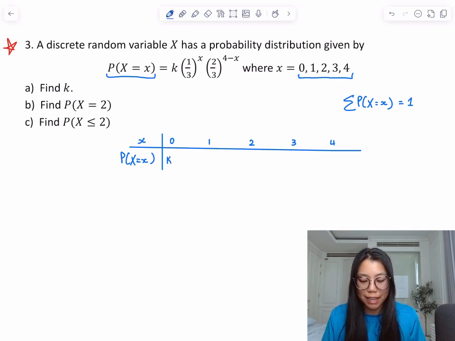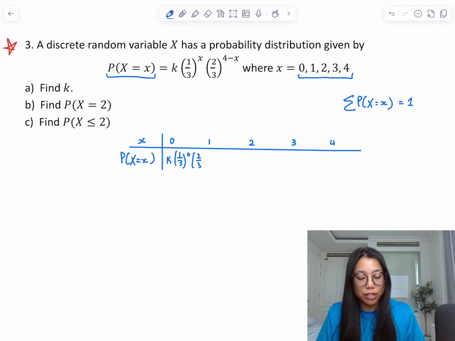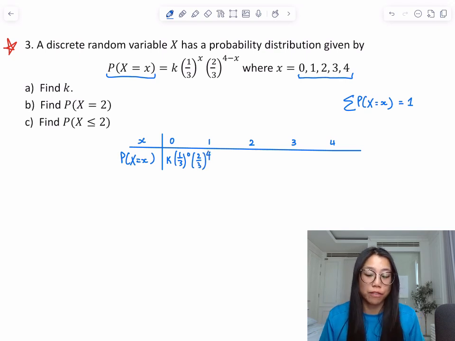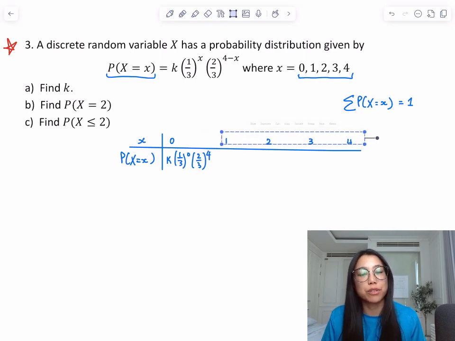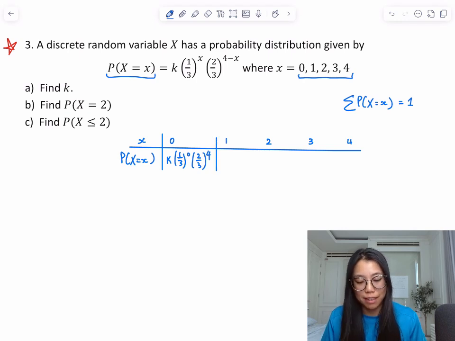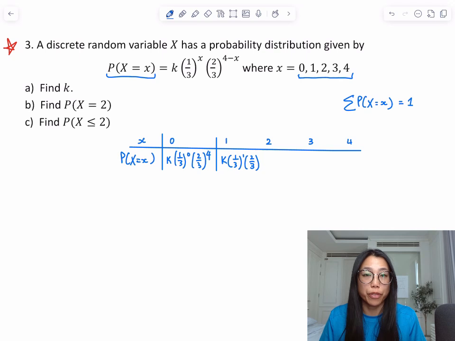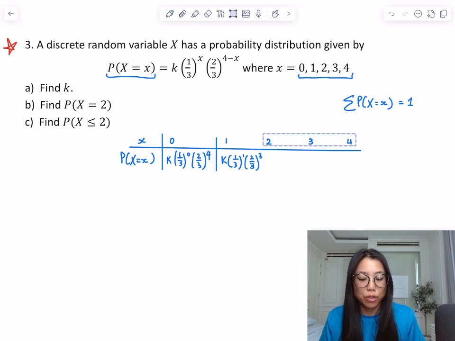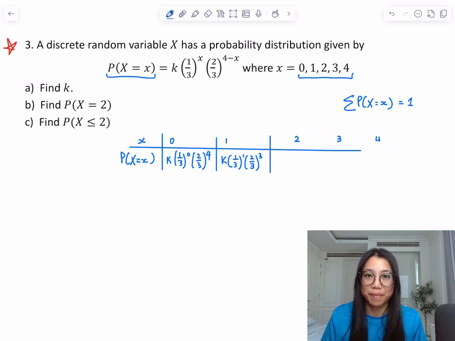So I'm going to get k times 1/3 to the power of 0 times 2/3 to the power of 4 minus 0, which is 4. And we're going to repeat this process for x equal to 1, 2, 3, and 4. So for instance, to find the probability when x is equal to 1, we have k times 1/3 to the power of 1 times 2/3 to the power of 4 minus 1, which is 3.